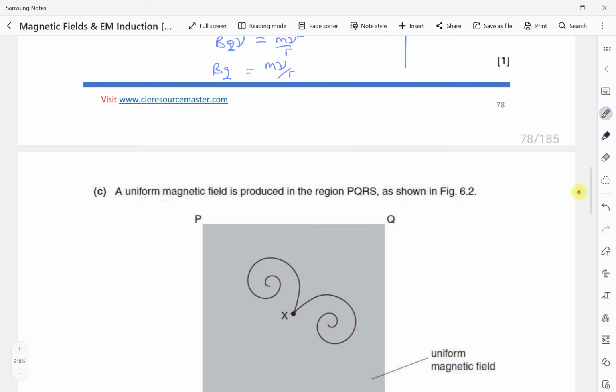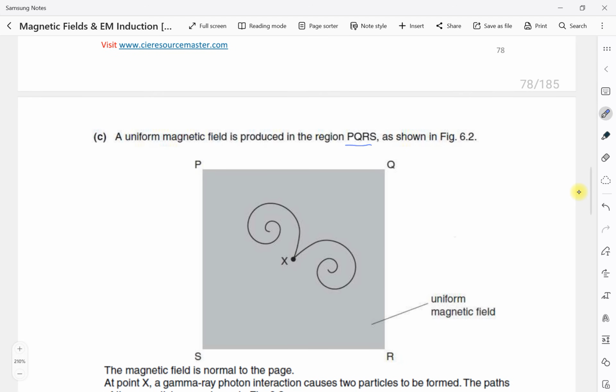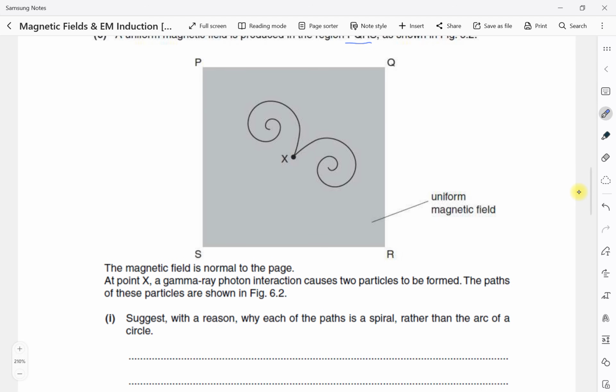A uniform magnetic field is produced in the region PQRS as shown in the figure here. So this is the figure. The magnetic field is normal to the page at point X. So the magnetic field is perpendicular to the page at point X. A gamma ray photon interaction causes two particles to be formed, as we can see with those two different paths.